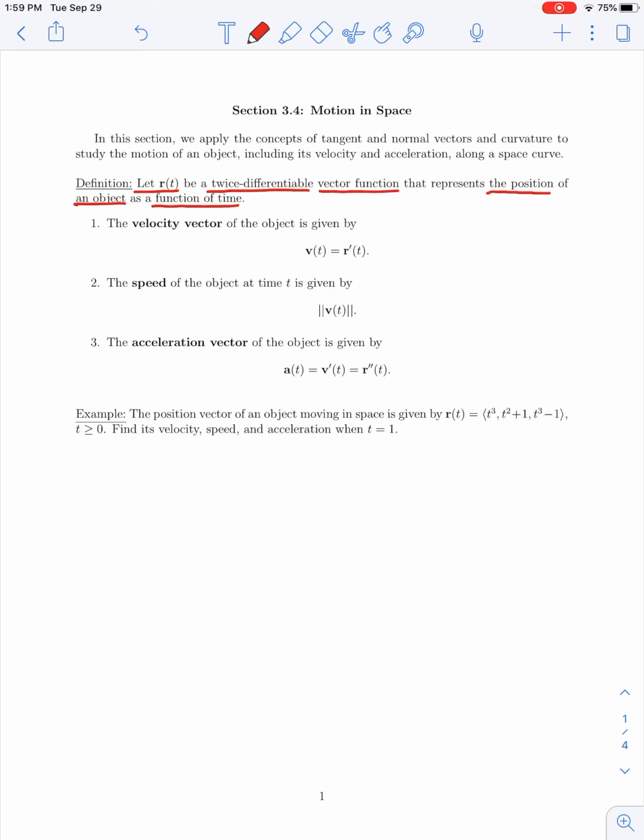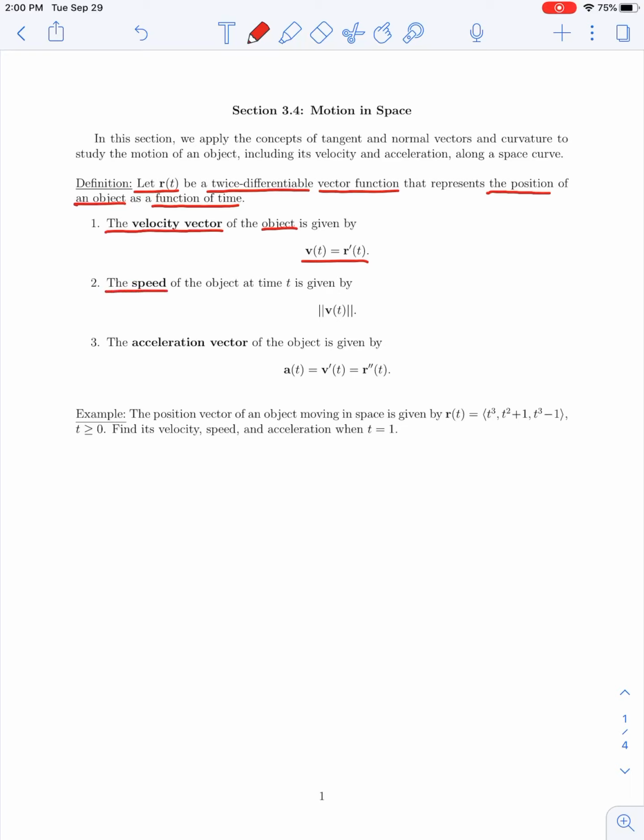So given that assumption, we would say that the velocity vector of our object is given by the vector function v of t, which would be the derivative of our position function. So the rate of change of position would be our velocity.